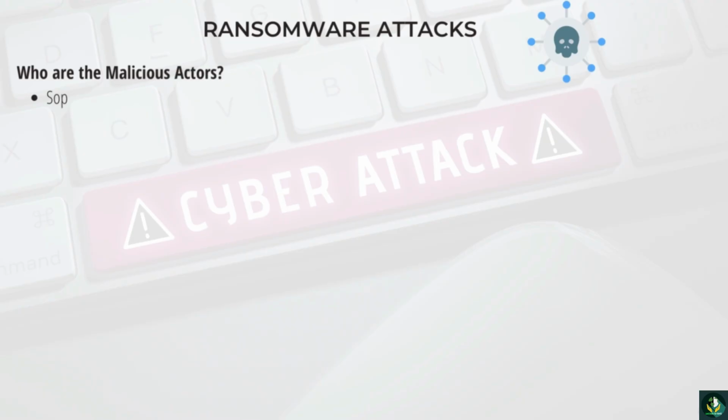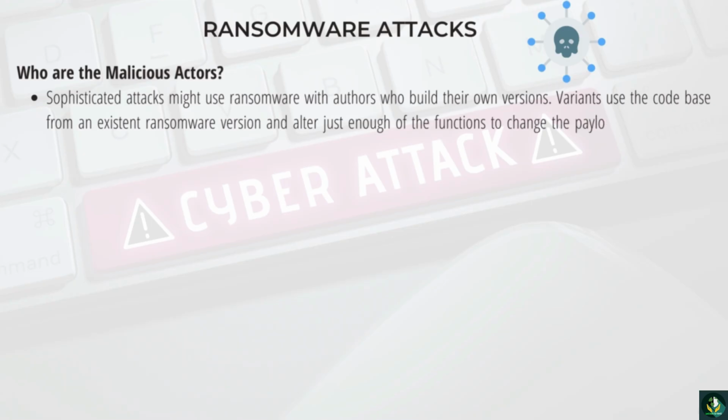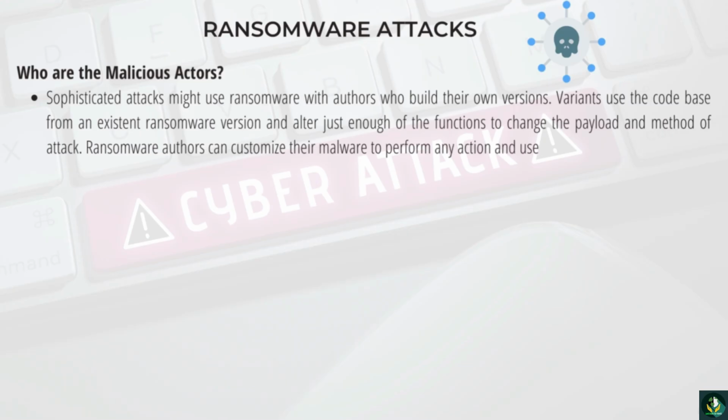Who are the malicious actors? Sophisticated attacks might use ransomware with authors who build their own versions. Variants use the code base from an existing ransomware version and alter just enough of the functions to change the payload and method of attack. Ransomware authors can customize their malware to perform any action and use a preferred encryption cipher.